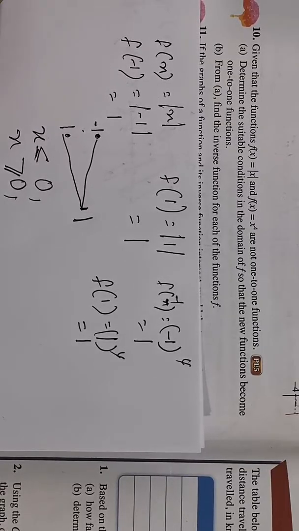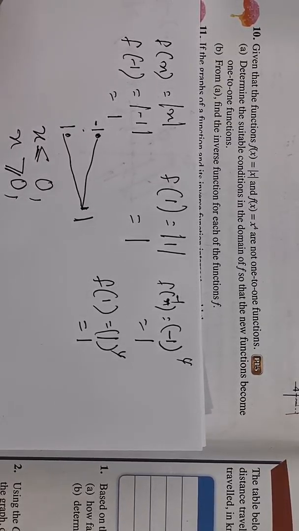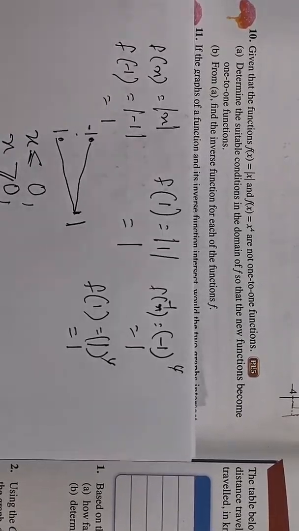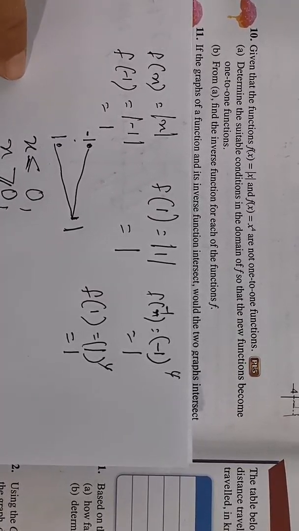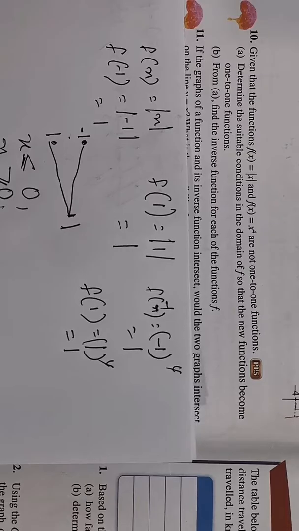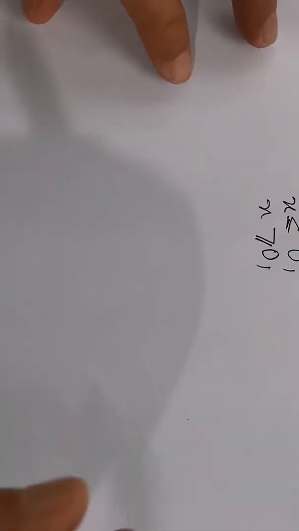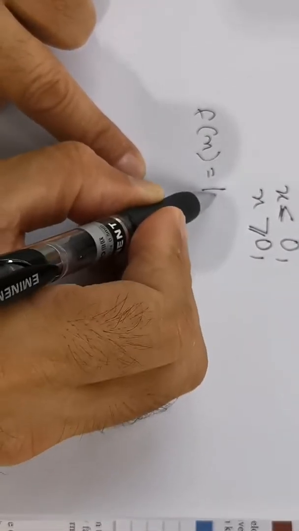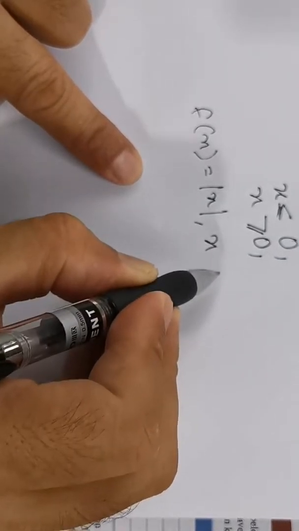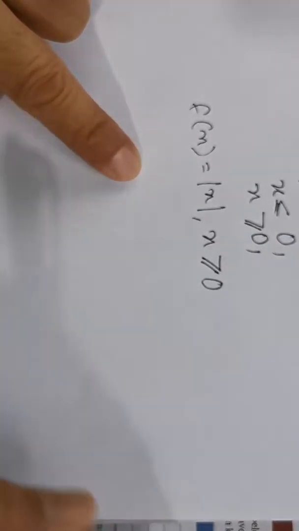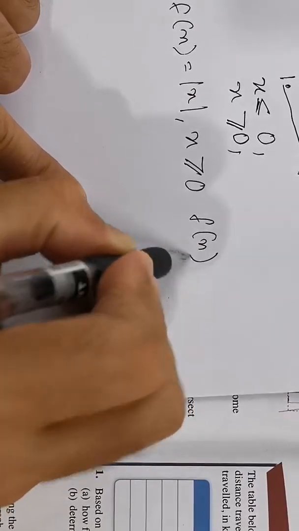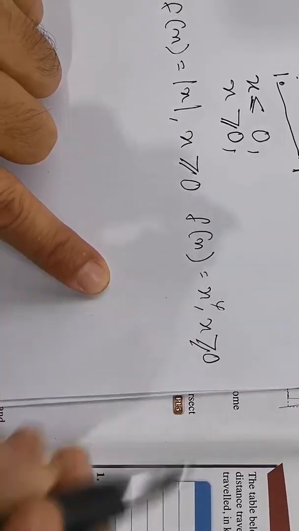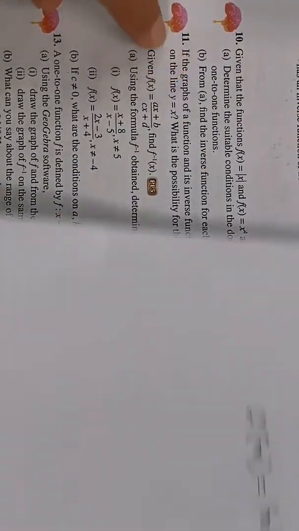And then from A, find the inverse function for each of the functions. With the condition here, it has now become a one-to-one function, so it has the inverse function. So the functions become f(x) = modulus of x, for example taking x larger than or equal to 0, and f(x) = x to the power of 4, x larger than or equal to 0 also. And find the inverse.